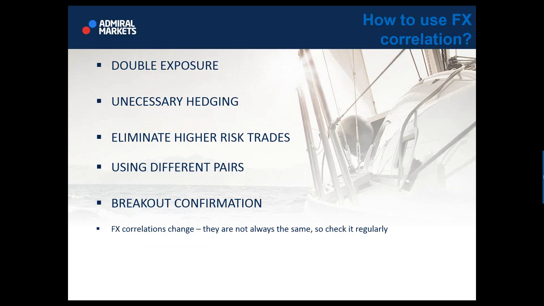And breakout confirmation. You can use correlations to confirm your trade entry or exit signals. For example, let's say that euro dollar or pound dollar, it doesn't matter, tests significant resistance.